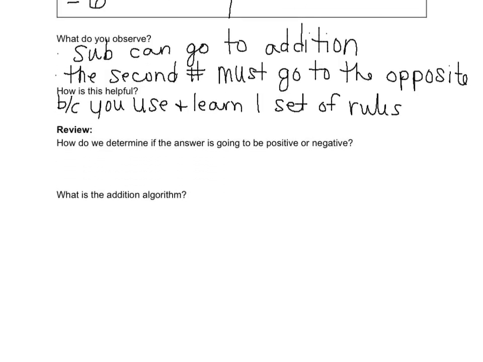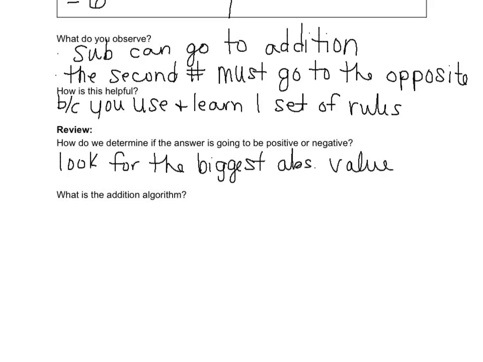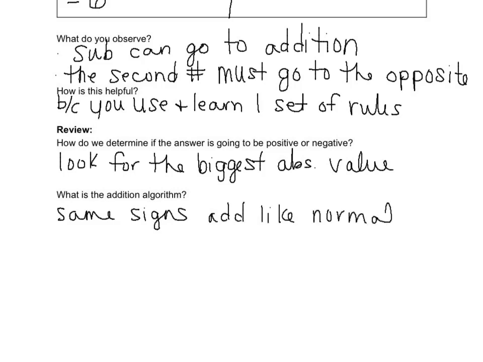here I'm just going to very quickly review. So how do we determine if the answer is going to be positive or negative? You look for the biggest absolute value. So what is our addition algorithm? Well, if we have same signs, we're going to add like normal. Those are kind of the easy ones.